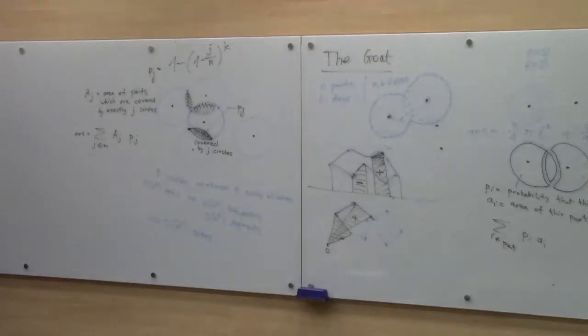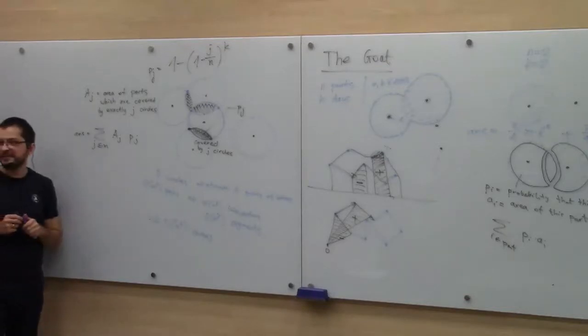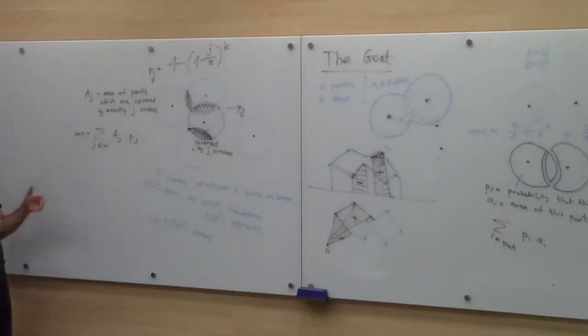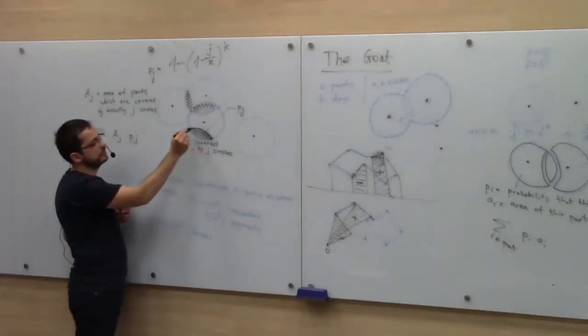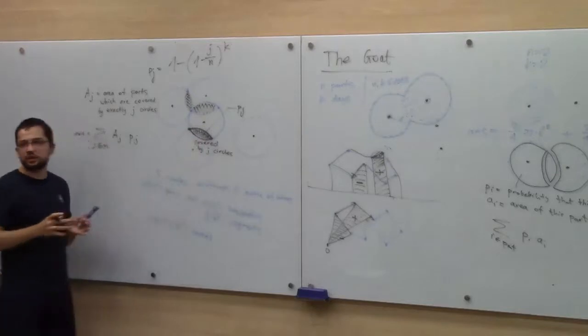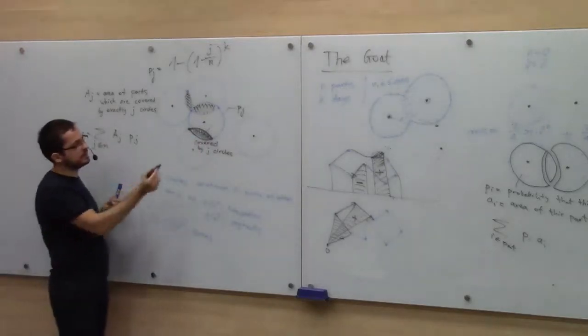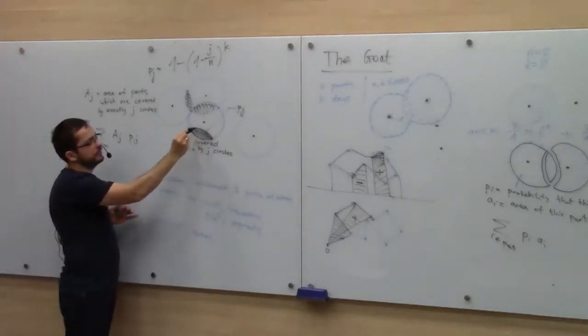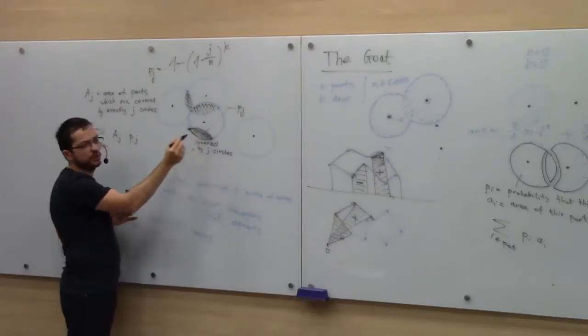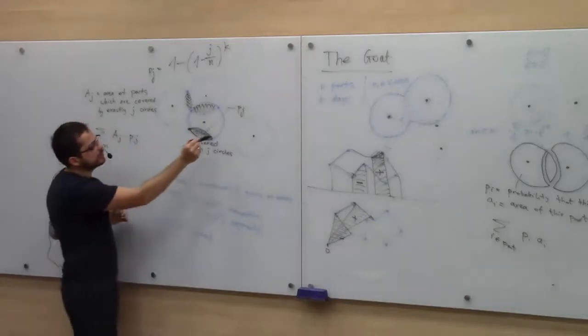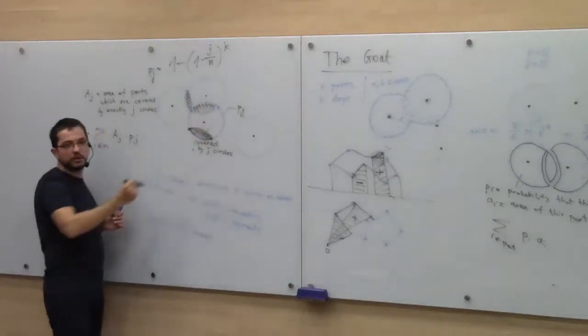Edges or circles? Okay, so we can look at how many circles actually contain a certain edge. For instance, here, this edge and this one are covered by two circles. Let's say that the circle on which this edge lies is also covering this edge, but the other circle also covered this edge.